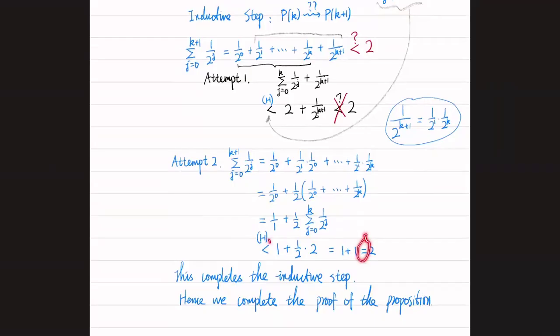But as long as there is one strictly less in any of the steps, then the total will be strictly less. We can have as many equal signs in between as we like. As long as there's one strictly less, then this will be less than this.